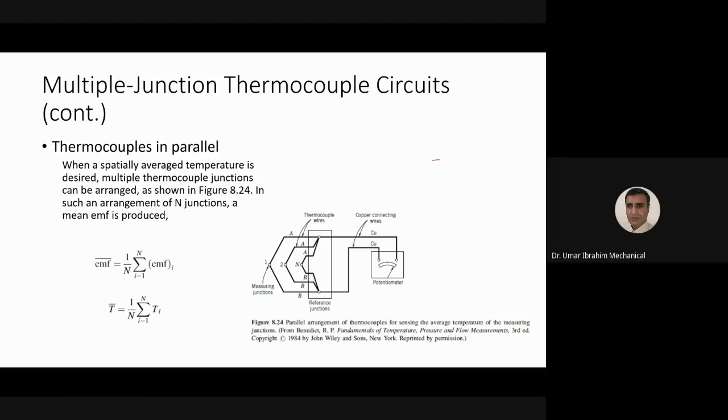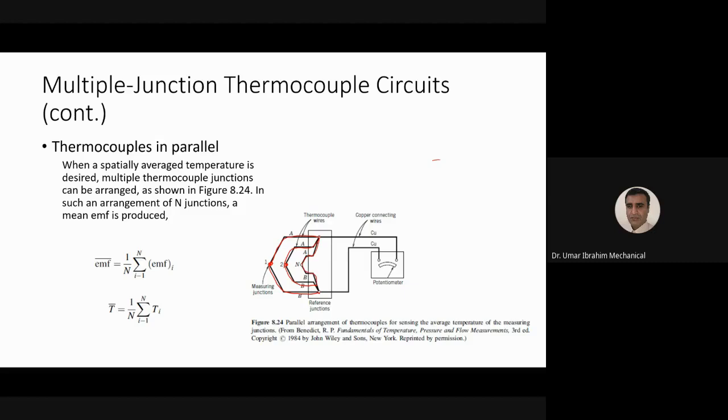ठीक है, so if we have a thermocouple, this is first thermocouple, material A, material B. This is second thermocouple, material A, material B. This is thermocouple, material A, material B, and so on.